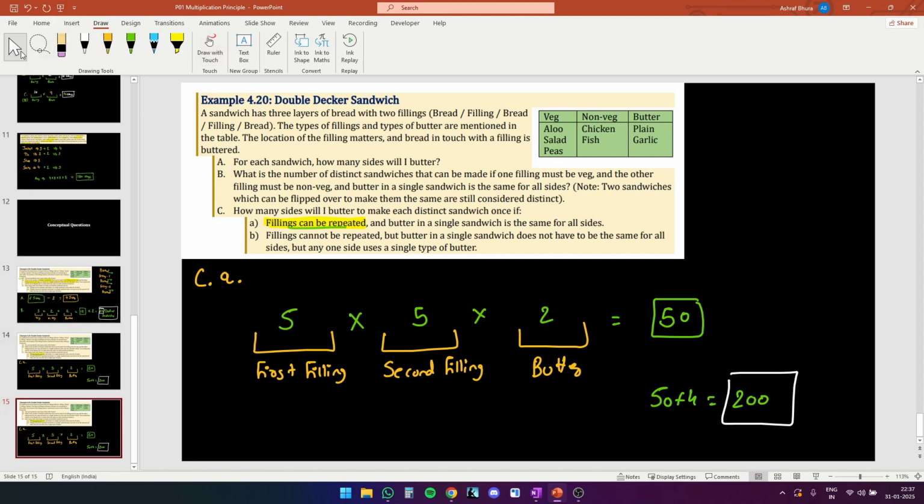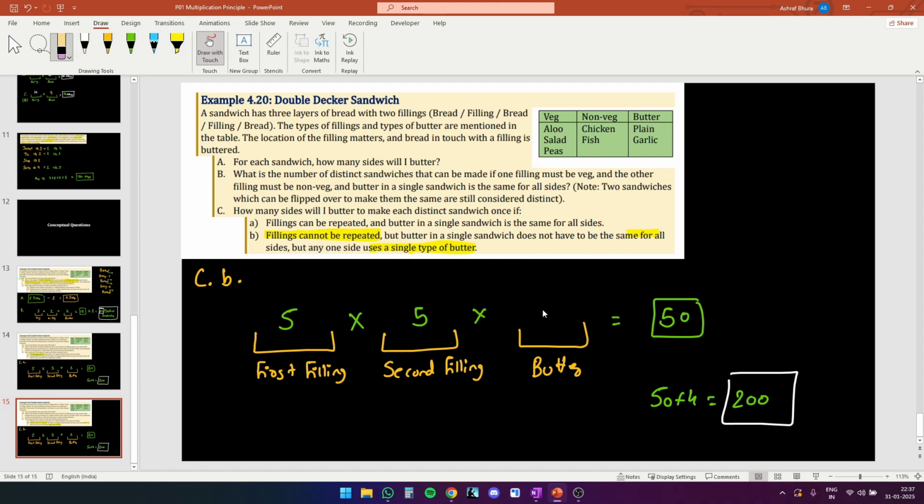Okay, let's solve for the B part. Now what does it say? Fillings cannot be repeated, but butter in a single sandwich does not have to be the same for all sides, but any one side uses a single type of butter.